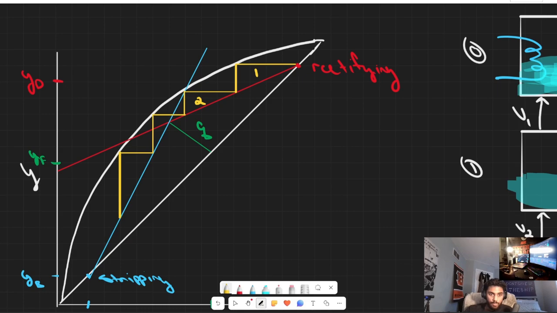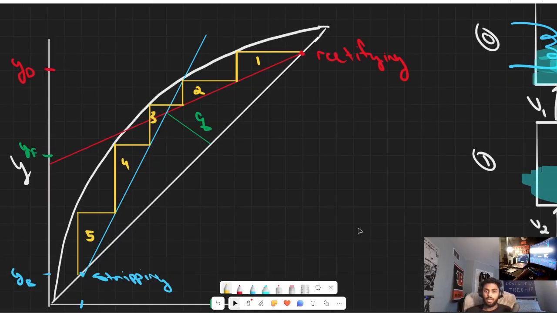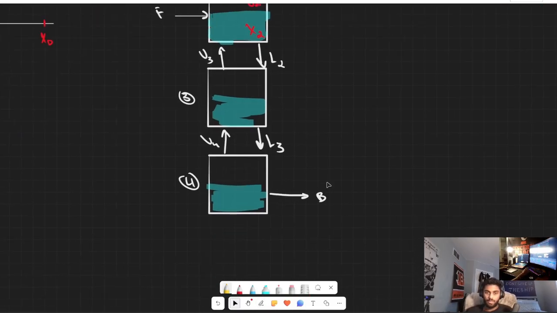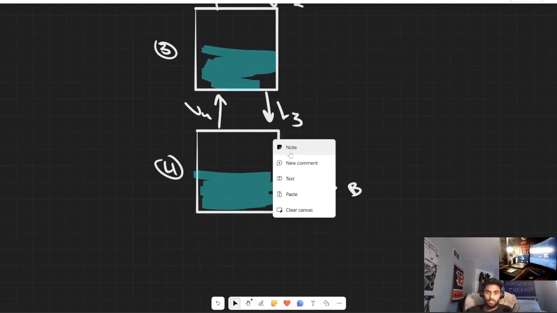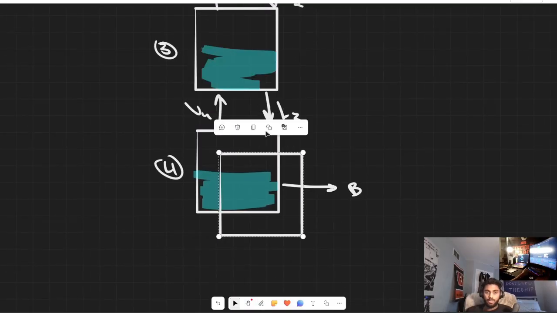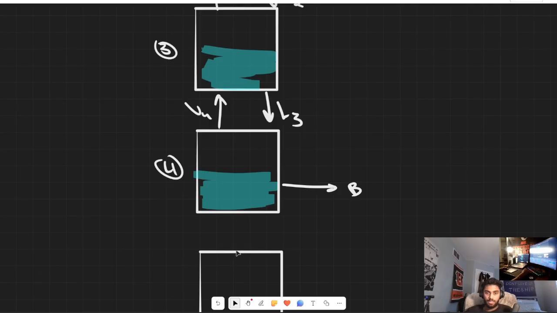And maybe one more. I think I would fit about one more stage here. Just about. So we actually have 3, 4, 5 stages. So I'll update this to represent that. I'll go one more stage just so that we're staying consistent.